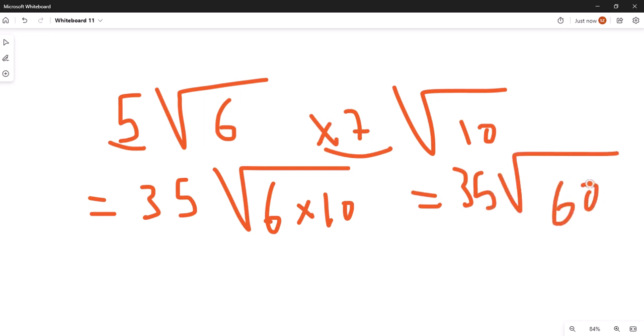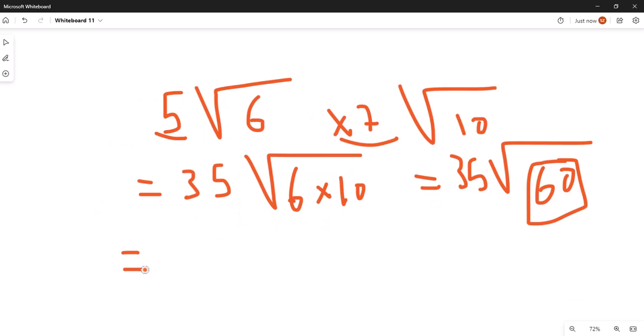Now let's simplify 60. So we need to find two numbers inside that square root. The first number can be simplified and can come out of the square root, and the second number cannot be simplified anymore.